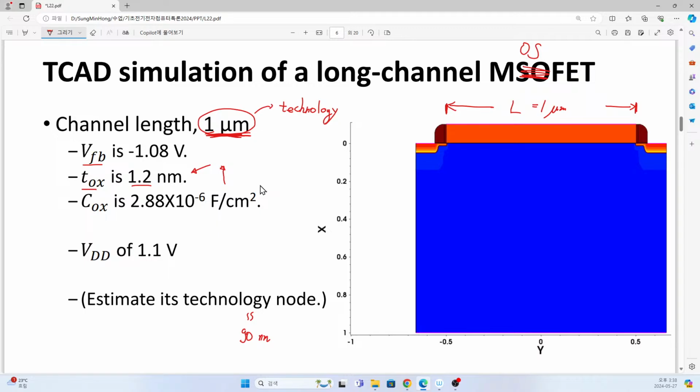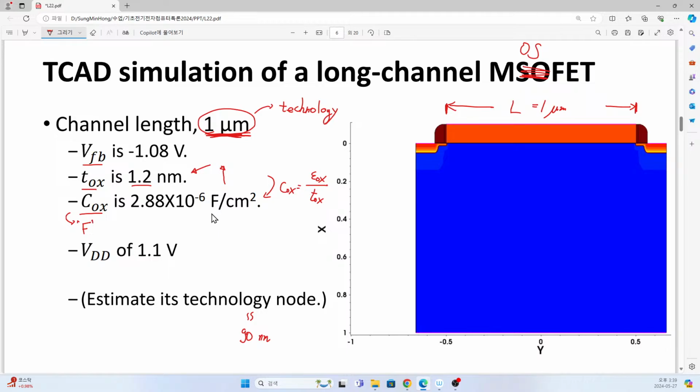And from this quantity, of course, we can calculate this COX, taken from epsilon ox divided by TOX. Please note that this COX is usually called oxide capacitance. However, this is not exactly capacitance. If this were really capacitance only, then we would have the unit of farad.